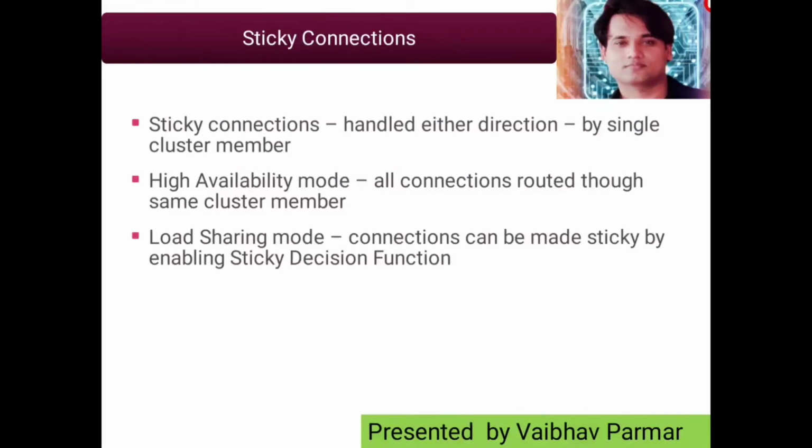This is the case in a high availability mode where all connections are routed to the same cluster member. In a load sharing mode, there are cases where it's necessary to ensure that connections that start on a specific cluster member will continue to be processed by the same cluster member in both directions. To that end, certain connections can be made sticky by enabling the sticky decision function.